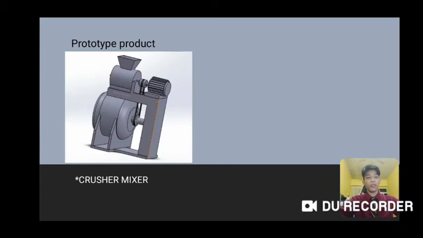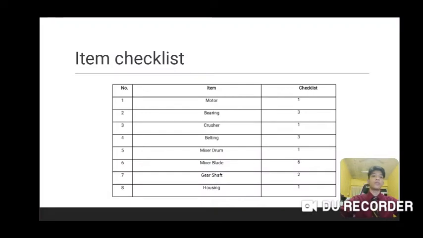This is the prototype product of the crusher mixer. At the top is the crusher part, and the lower part is the mixer part, powered by a motor and pulley. So this is the item checklist of our product.